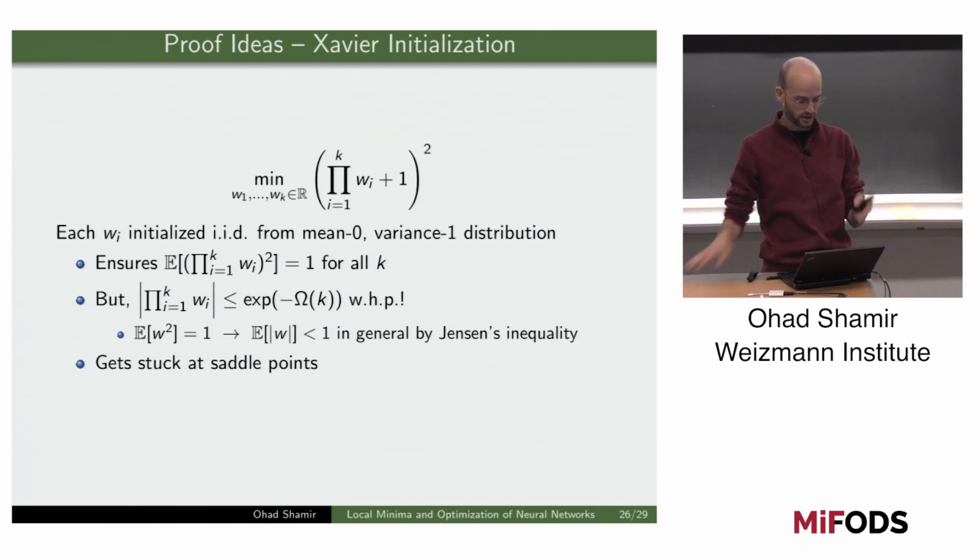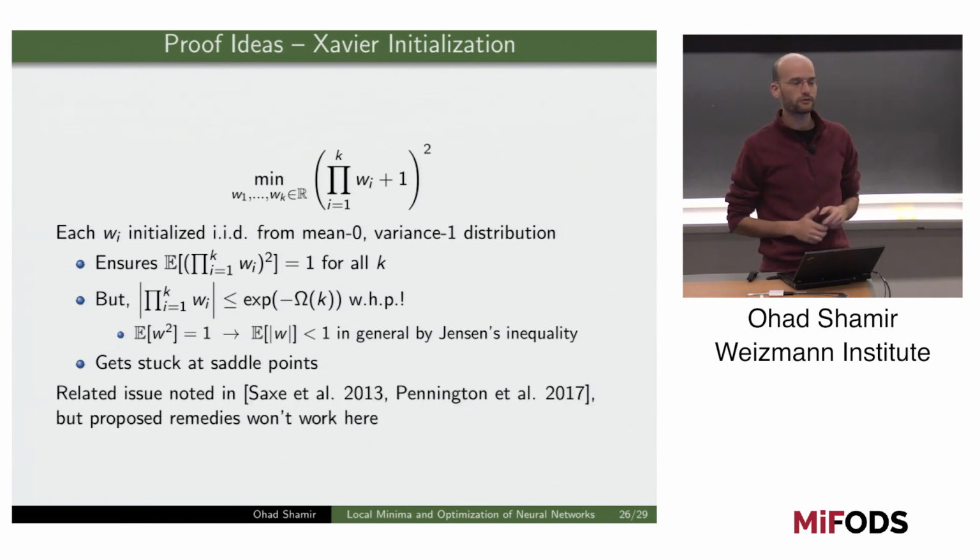So the expectation of the product of these things is just going to be the expectation to the kth power, and it's getting exponentially small. And that would mean that you're going to initialize in these problematic high-order saddle points, or at least very near to them, the type we talked about earlier. So eventually, you will succeed. You will escape them, but it'll take you exponential time.